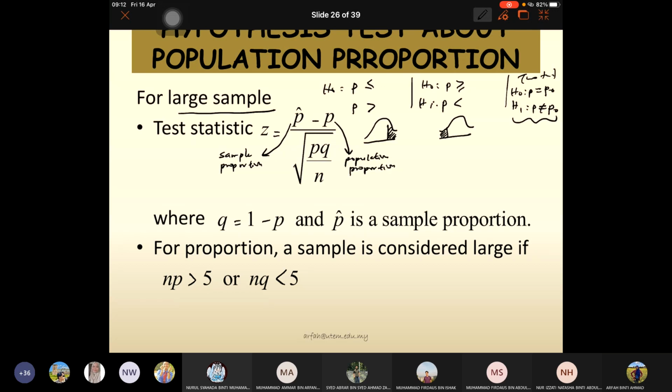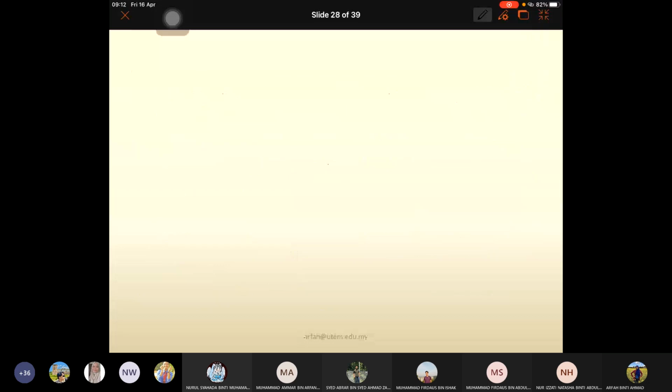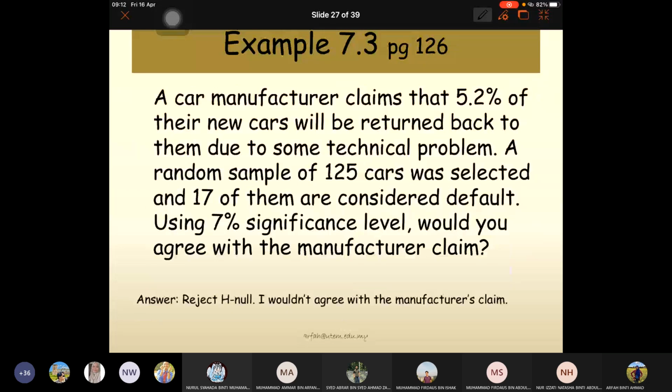Okay. So dapat this one. So testing for population proportion. Ini adalah table. This is for example. So dia kata population proportion dia akan guna Z distribution saja sebab kita consider only for the case of large sample.